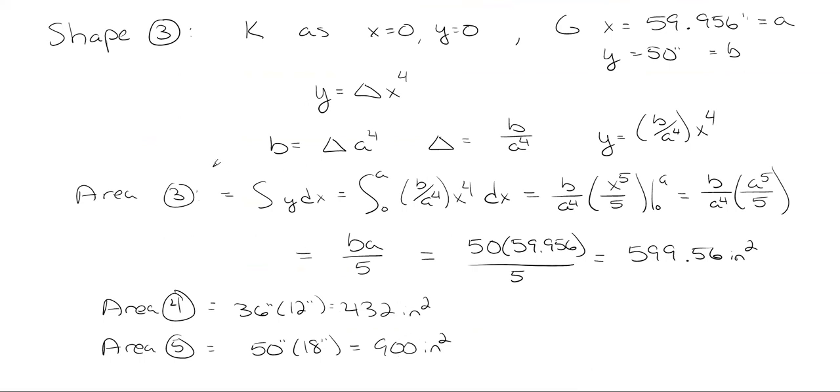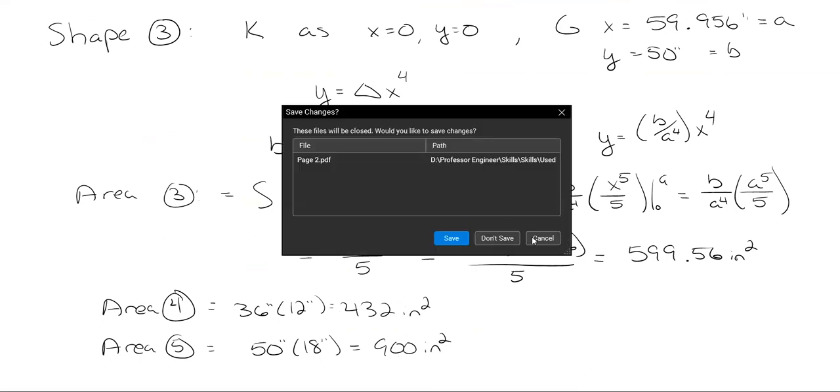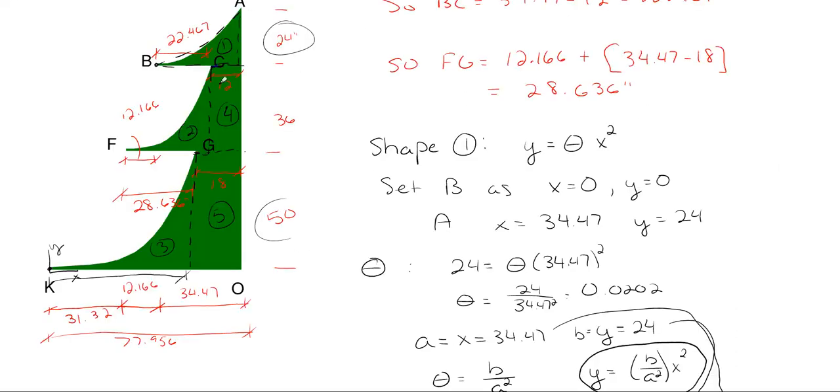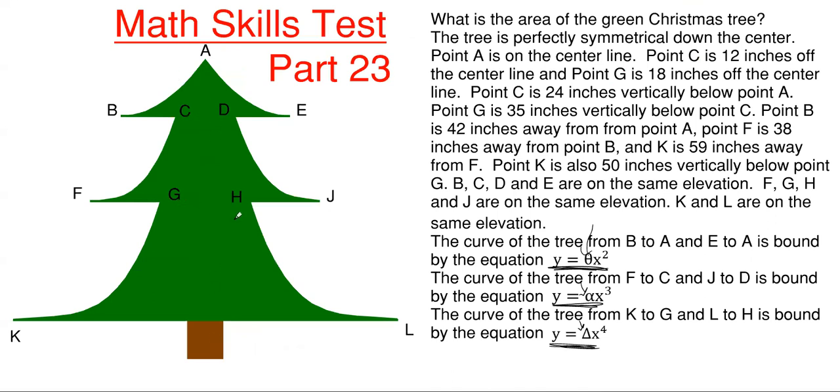So what I've done is I found the areas for each of these little shapes. I'm going to add them together, and then I'm going to multiply them by 2 because remember, we split this thing right down the middle, and we have to find the area for the full tree.